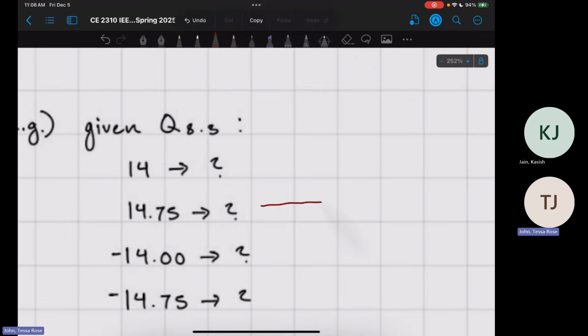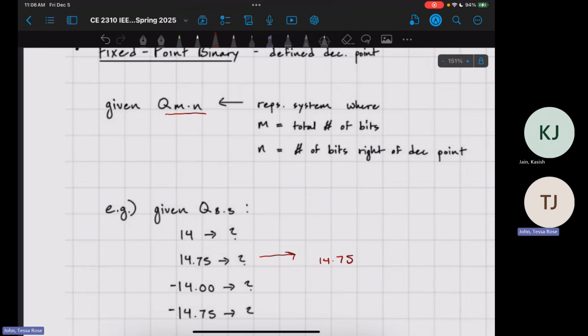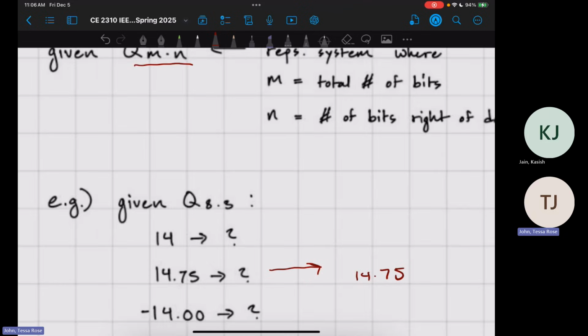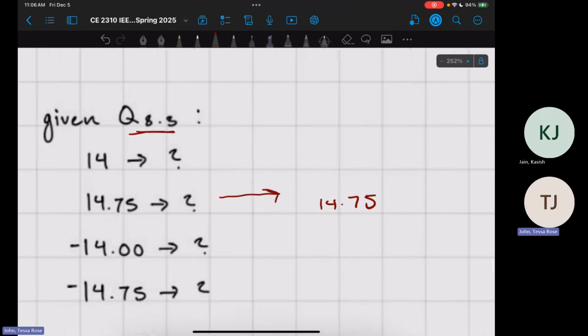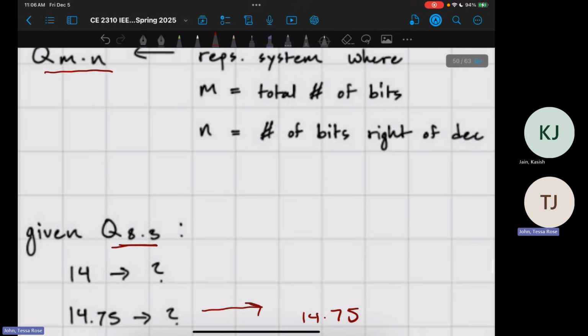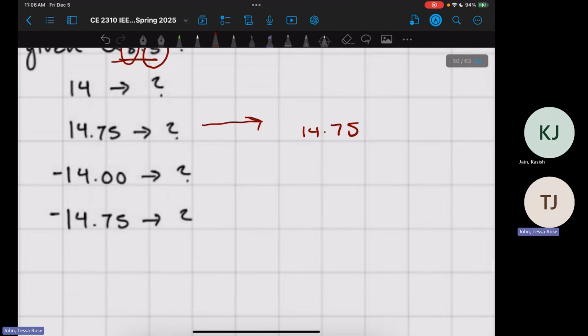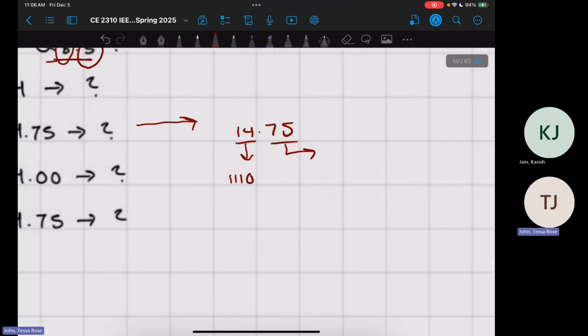I'll do this one: 14.75. It'll give you a question like this and tell you to convert it to fixed point binary, and it'll also give you what the Q is: Q8.3. This means it wants 8 total bits, and 3 of the bits have to be to the right of the decimal. First, we convert 14 to binary, which is 1110, and then 0.75 to binary.